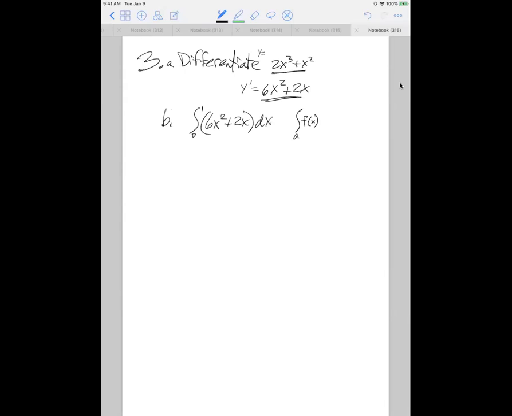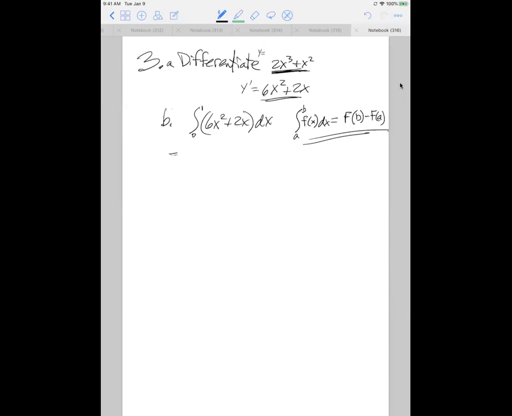If it's going from A to B, the integral of lowercase f of x dx is equal to the antiderivative at B minus the antiderivative at A. That is using the fundamental theorem of calculus, part 2. So we take it back up, right up here. That is the antiderivative we're looking for.